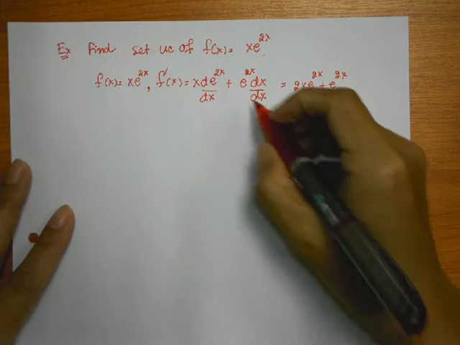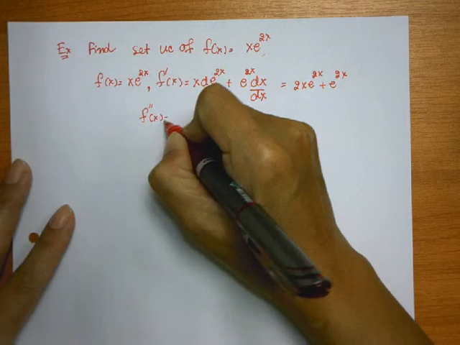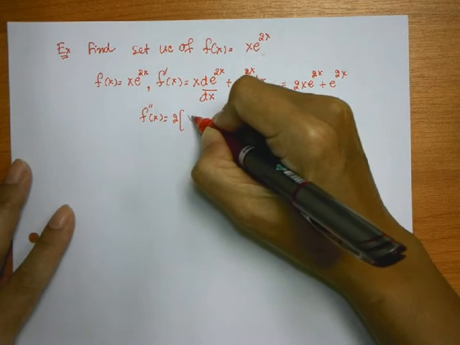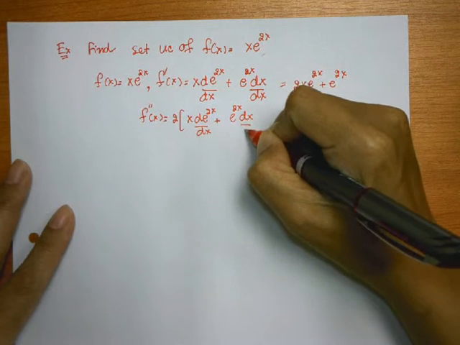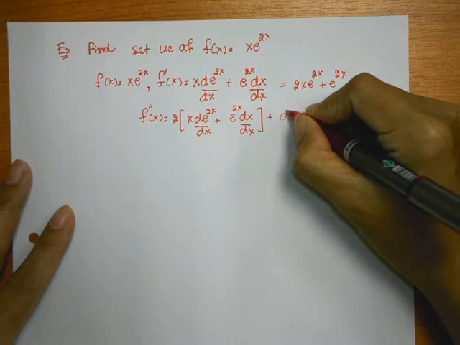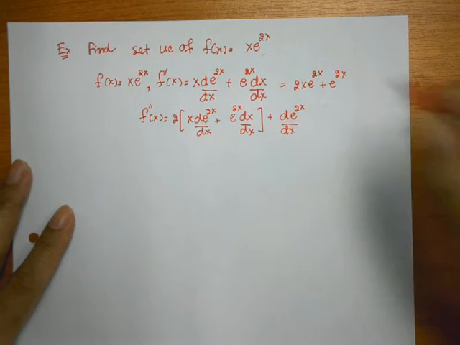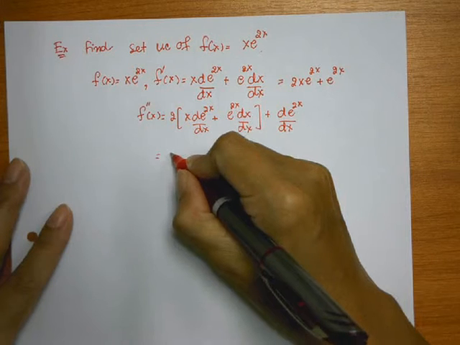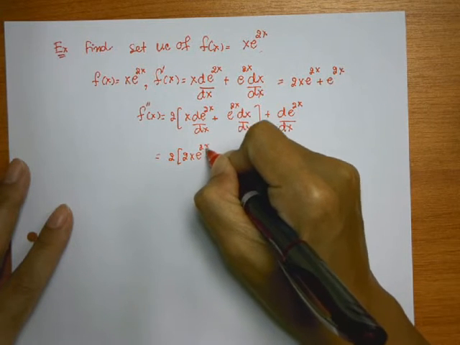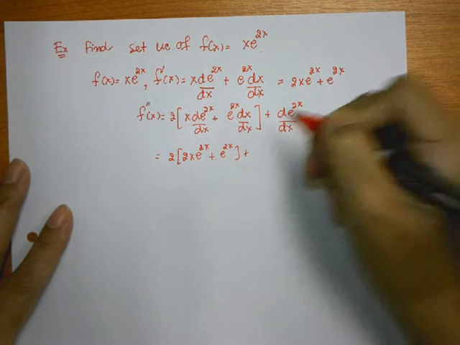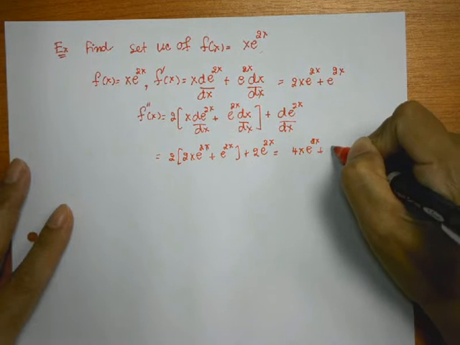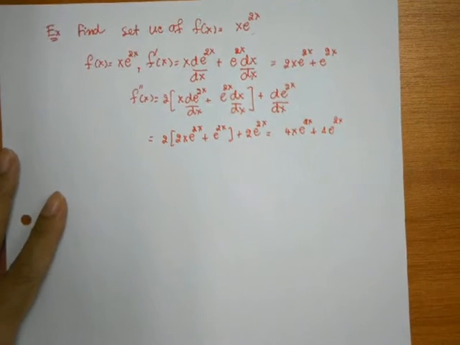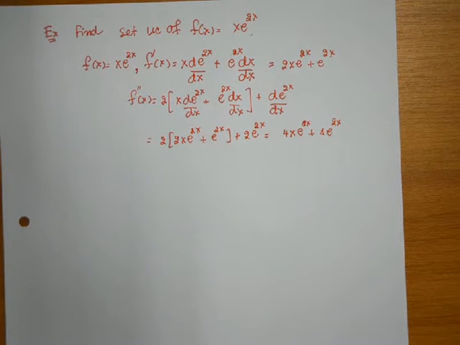If you do the second derivative of this, you would get 2 plus, which is equal to... If you do further differentiation of this function, you would end up with the same functions.